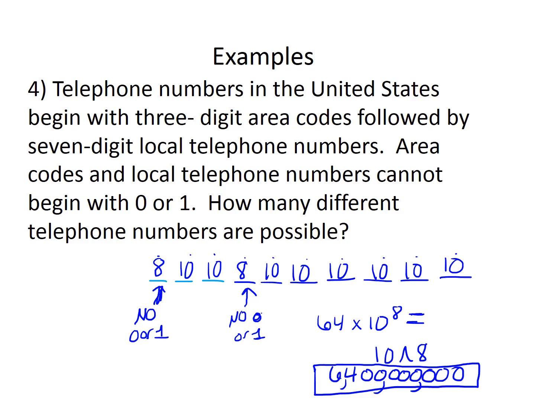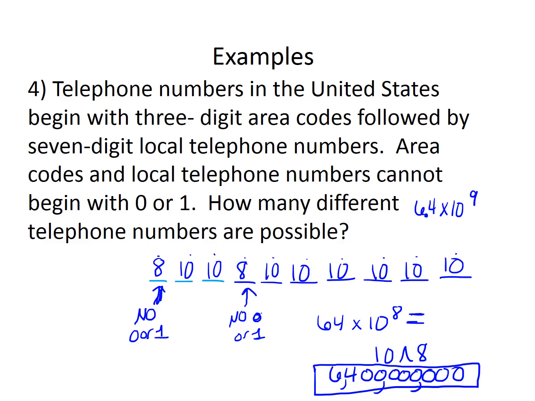But if your calculator gives it to you in scientific notation, just remember, it would probably give you 6.4 times 10 to the 9th. My calculator actually gave it to me in standard form.